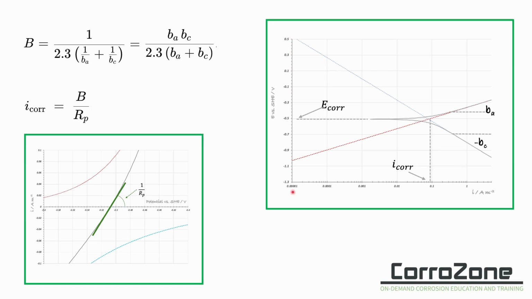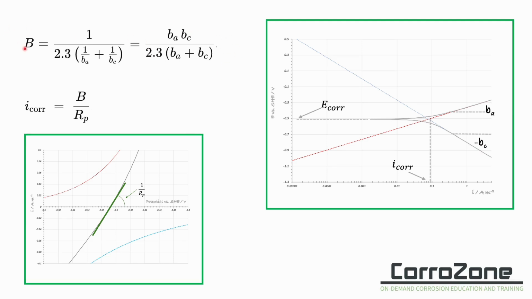Here, the vertical axis represents the potential and the horizontal axis the current, plotted on a logarithmic scale. The slope of these lines, assuming that both reactions are controlled by electron transfer, in volts per decade, provides the values of Ba and Bc, which can be used in this equation to obtain the Stern-Geary coefficient.